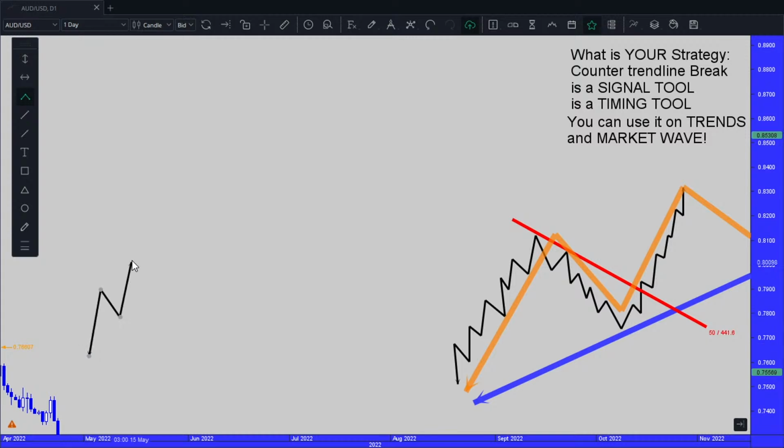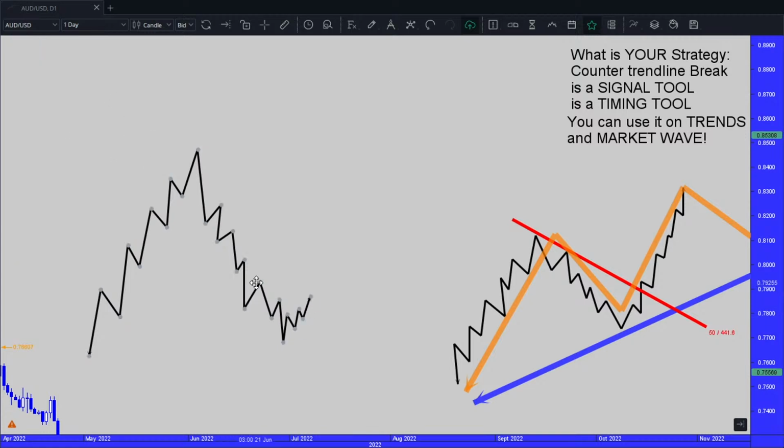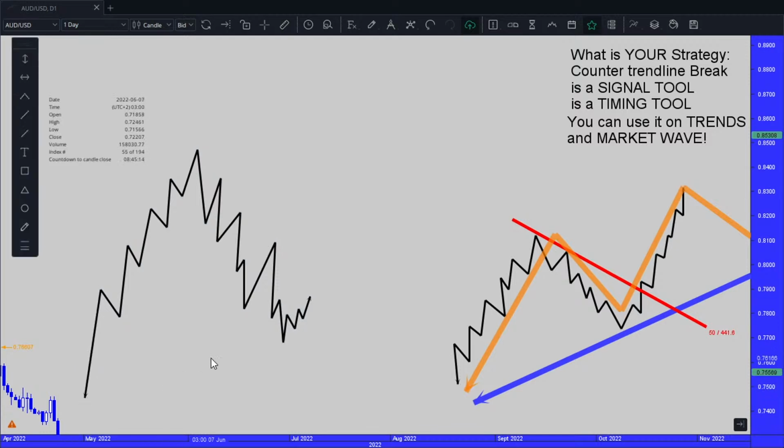So higher highs, higher lows, higher highs, higher lows, higher highs, higher lows, higher highs, higher lows, extension, lower lows, lower highs, lower lows, lower highs, lower lows, lower highs, lower lows, lower highs, and then you have higher highs, higher lows, higher highs, higher lows, and I need to do it something like this. Higher highs, higher lows. There you go. Still on a market wave, right?